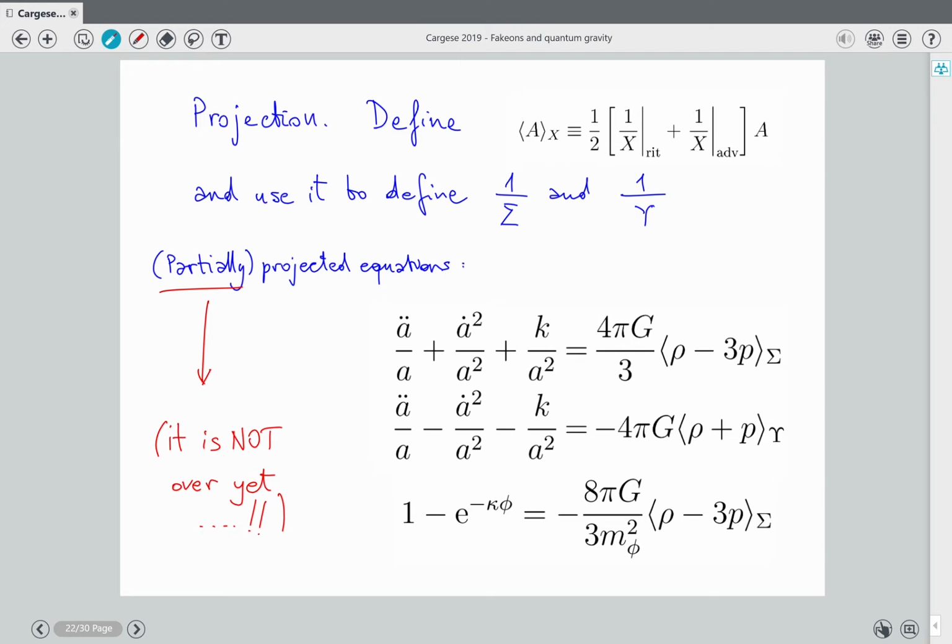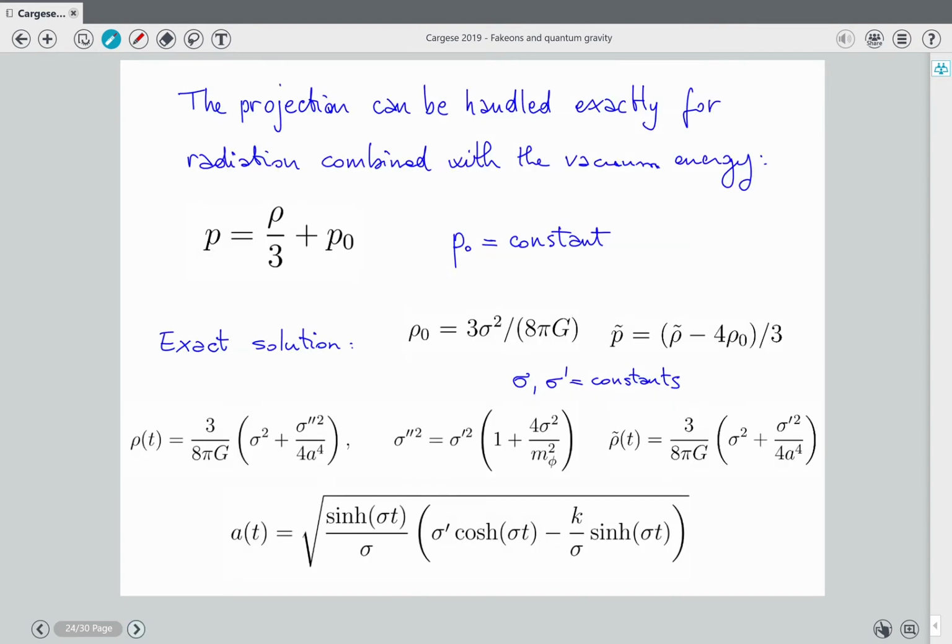Why? You may find something upsetting here: basically the entire construction, the Fakeon prescription, is defined from quantum gravity. Quantum gravity is perturbatively defined. The projection is perturbatively defined. And since the classical equations only follow from the projection, the classical equations themselves are only defined perturbatively. So basically, in writing the equations, you will have the same problems that you normally have in quantum field theory.